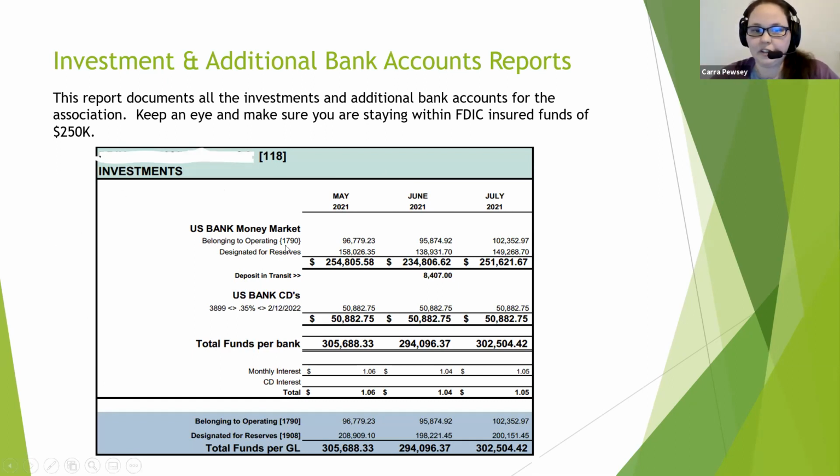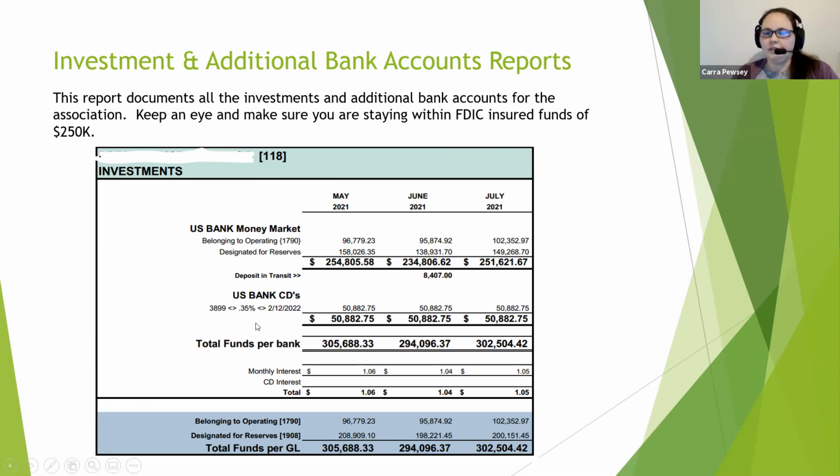And so this particular association has operating funds in their money market account as well as their reserve funds. This is a very small association, by the way. So I know these numbers look interesting, but we're working on this too.